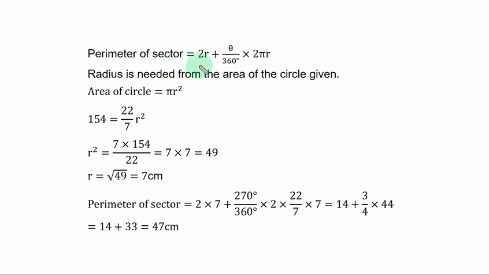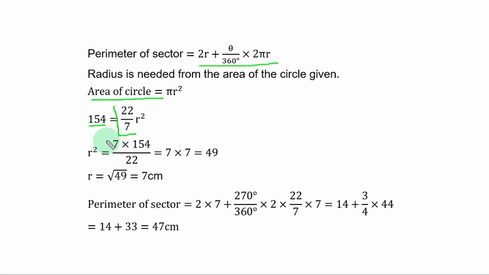Perimeter of sector, the formula is this. The radius is needed from the area of the circle given. So the area of a circle is equal to pi r squared. That area is 154, equal to 22 over 7 times r squared. If you make r squared the subject, you multiply through by 7 and you have 7 times 154 equal to 22 r squared.